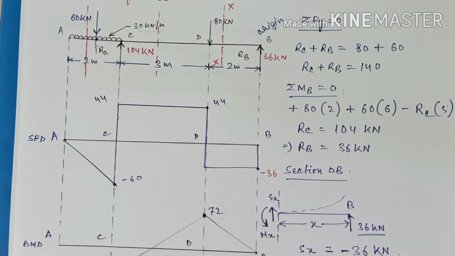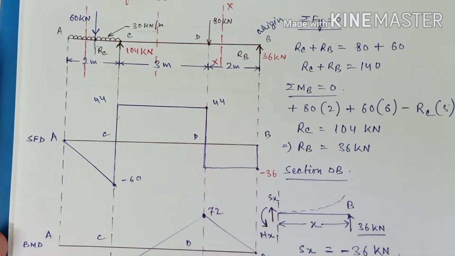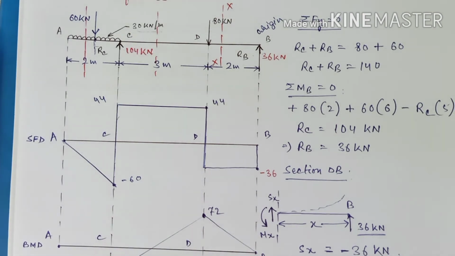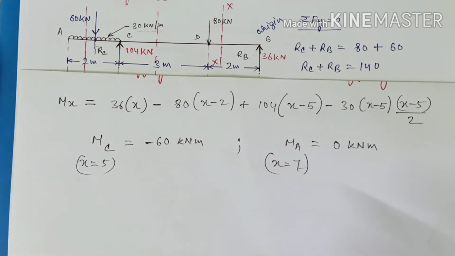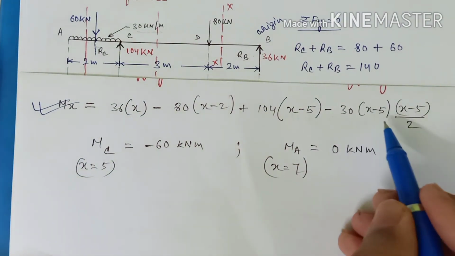So Mc will be minus 60, and what will be the value of Ma? It is 0. Now guys, one thing to note very carefully: how do we join this line? If you check the bending moment equation, what kind of polynomial is this? This is basically a 2-degree polynomial.